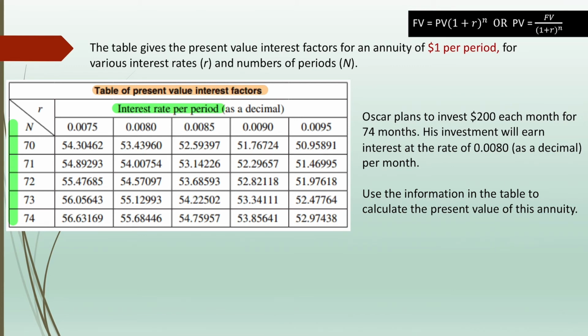Oscar plans to invest $200 each month for 74 months. His investment will earn interest at a rate of 0.0080 per month. Use the information in the table to calculate the present value of an annuity.